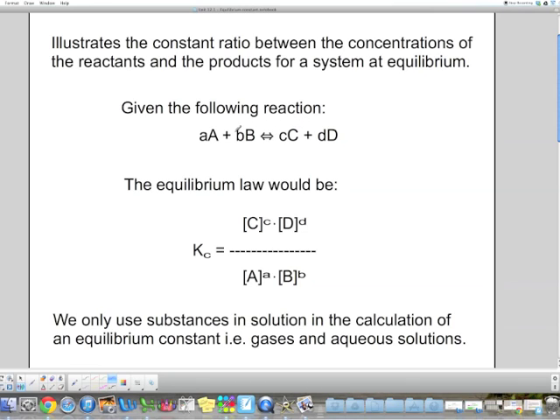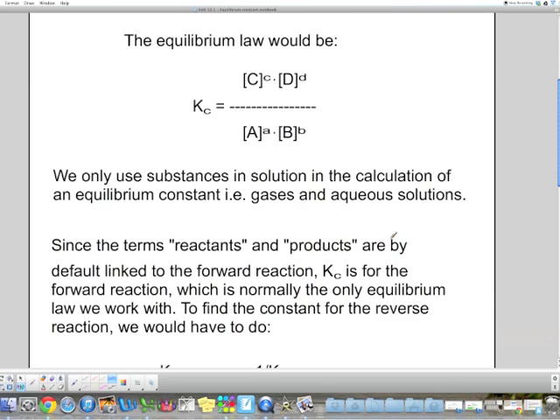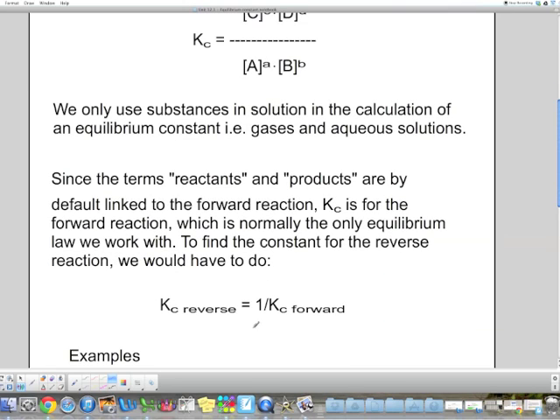So thinking of the reverse reaction, I would have products over reactants, the opposite of this law. The simplest way of doing it is calculating Kc for the forward reaction and then doing 1 over Kc to get the equilibrium constant for the reverse reaction.